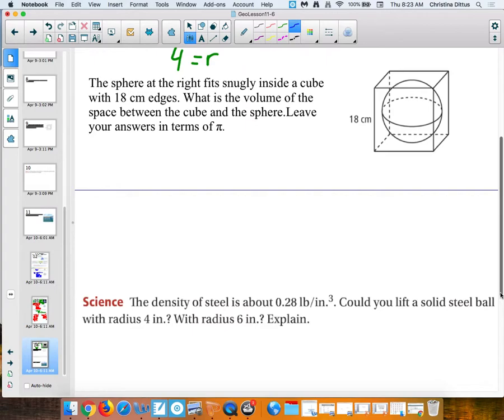So I'm looking at volume. What do you think I need to do? The cube minus my sphere, yes. So volume of my cube. And then I'm going to subtract out, because I want the between, the volume of my sphere.